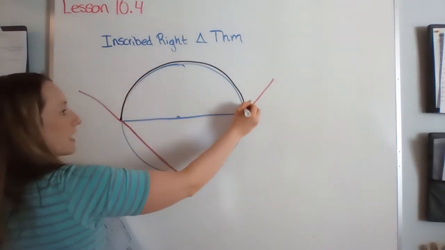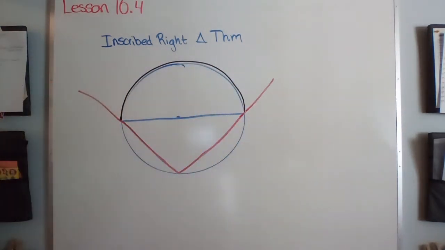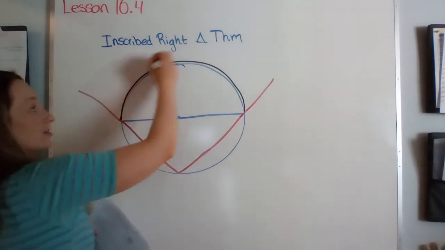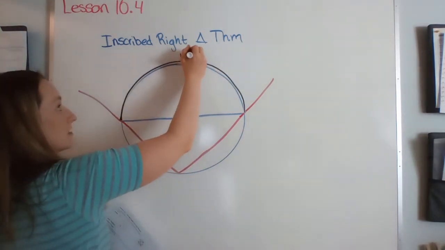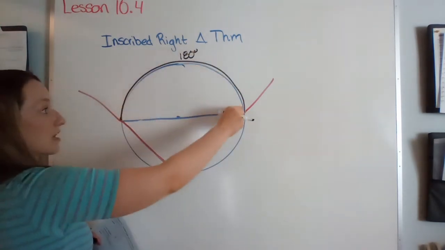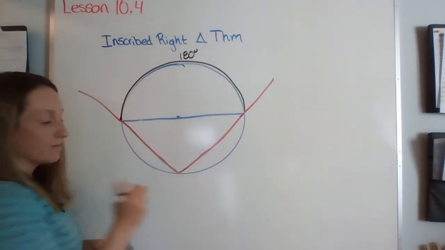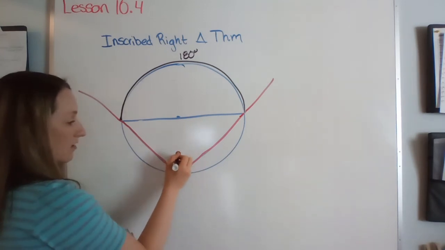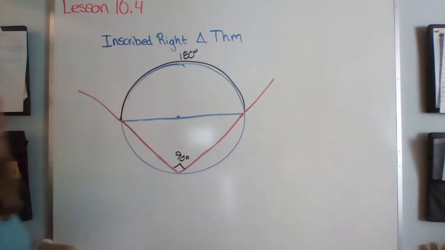What kind of arc is that? It's a semicircle, right? It's half the circle. If this arc is 180 degrees, right here is my diameter. It's how I knew it was a half a circle. If this arc is 180, what's the measure of this angle? It's a 90-degree angle. So we just basically showed what this theorem is saying.